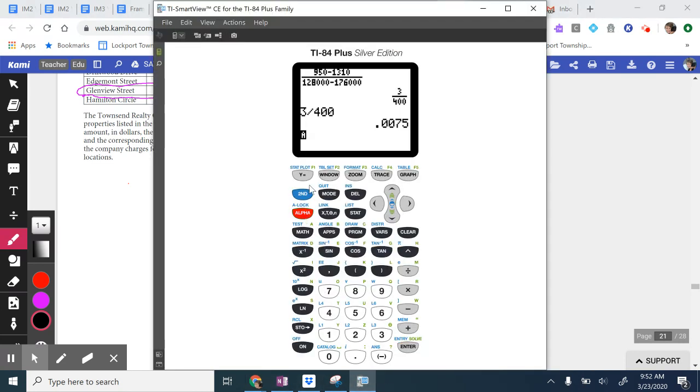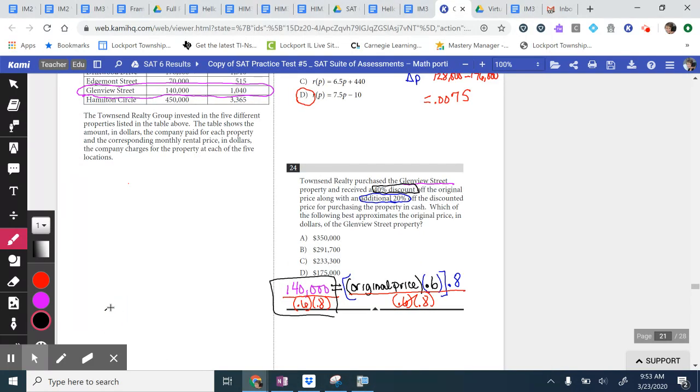So again, we're going to set up our fraction format and put in the 140,000 divided by our 0.6 times our 0.8. And we get 291,666, and the closest answer choice to our calculation is going to be choice B.